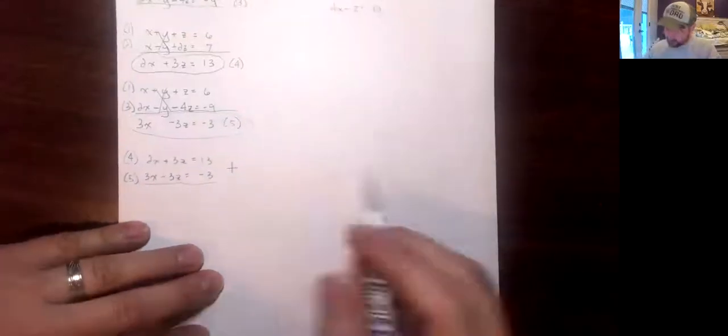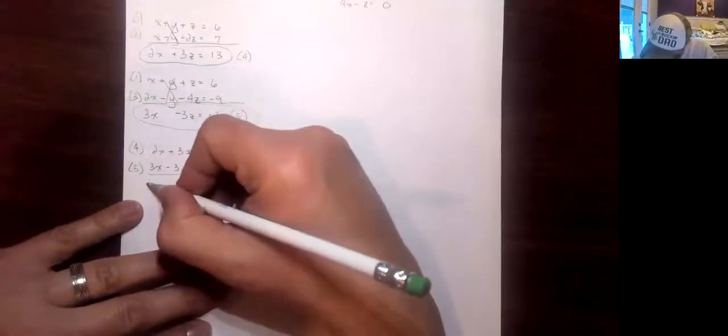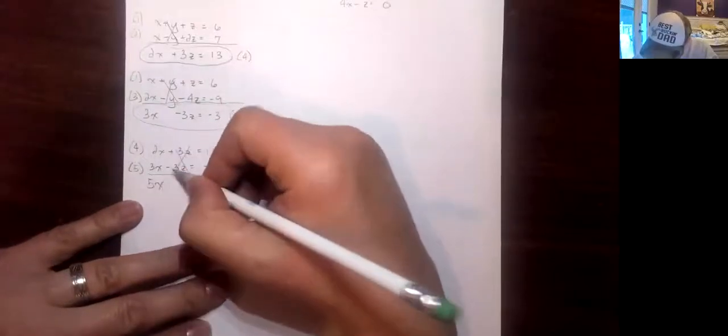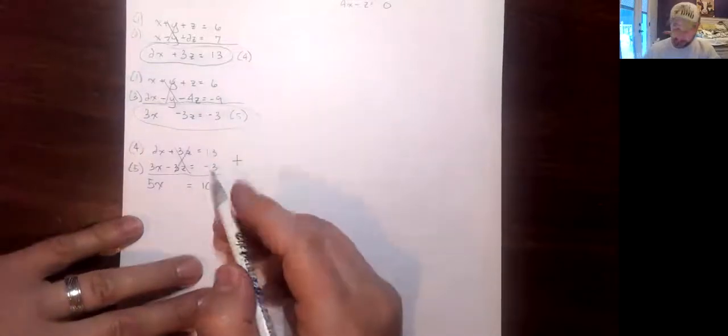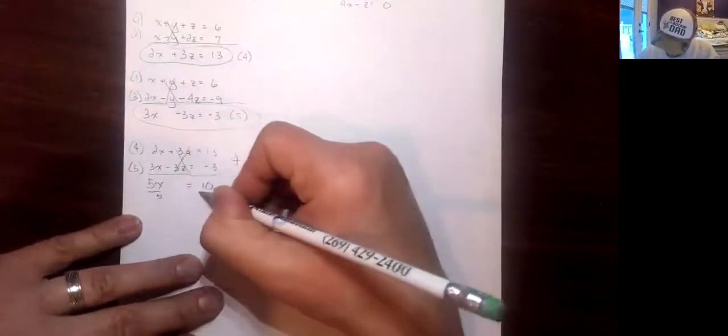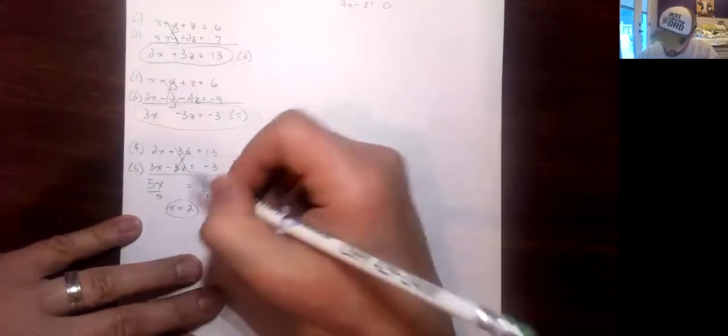So I'm just adding them. That's all I'm doing. I combine those. And I end up with 5x. My z's go away. 13 minus 3 is 10. I simply divide and find out, hey, cool, x equals 2.